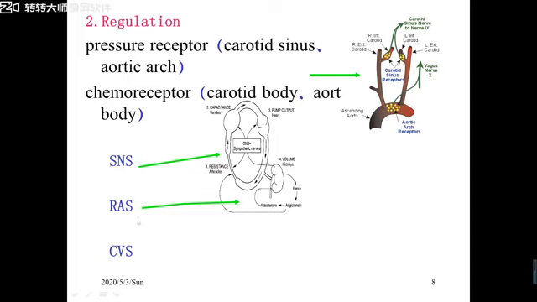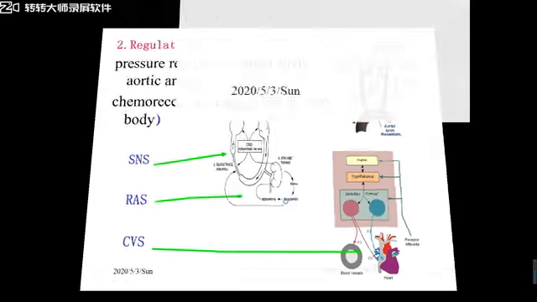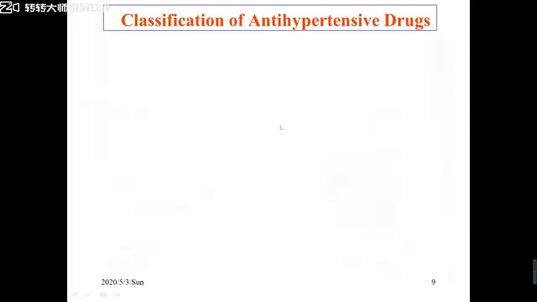Do you remember we have studied two inhibitors of the renin-angiotensin system? They are ACEI and ARB. Excellent. Yes, ACEI and ARB. We can use these two inhibitors to inhibit the renin-angiotensin system to treat hypertension. The cardiovascular system can regulate blood pressure by itself by negative feedback. So for this reason, in clinic, we use these drugs to treat hypertension.